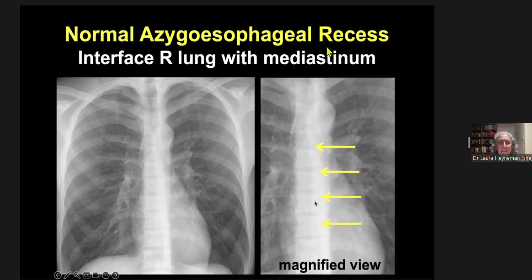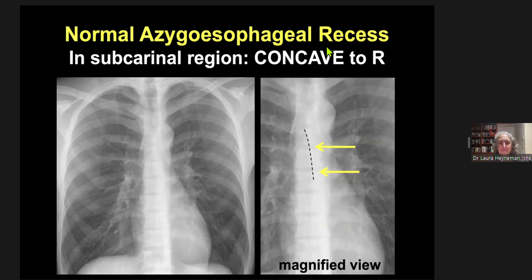SVC, the azygoesophageal recess in the subcarinal region should be concave to the right. There should not be a convexity there. There should not be a bump in that region. It's specifically in the region of the subcarina.